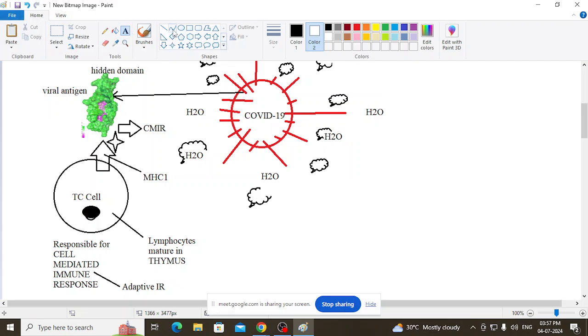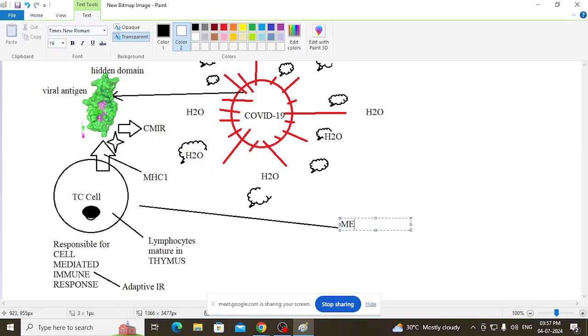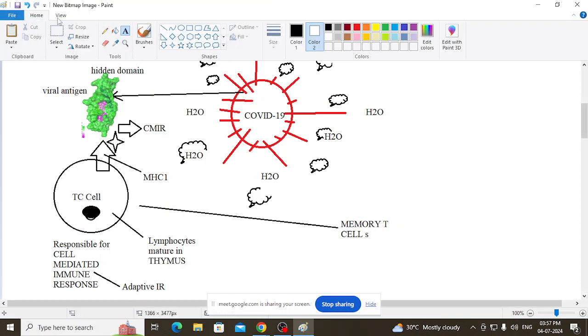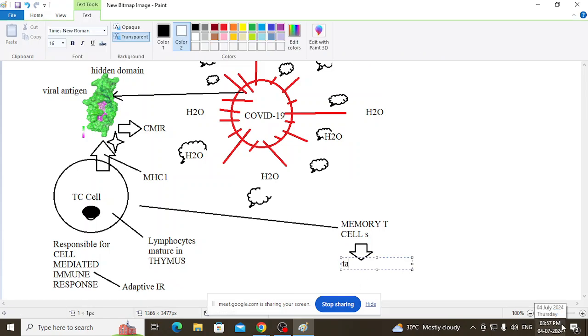At the same time, it will also produce memory T cells, which will help in future viral attacks. Let us write, to tackle future viral attack of this particular protein only.